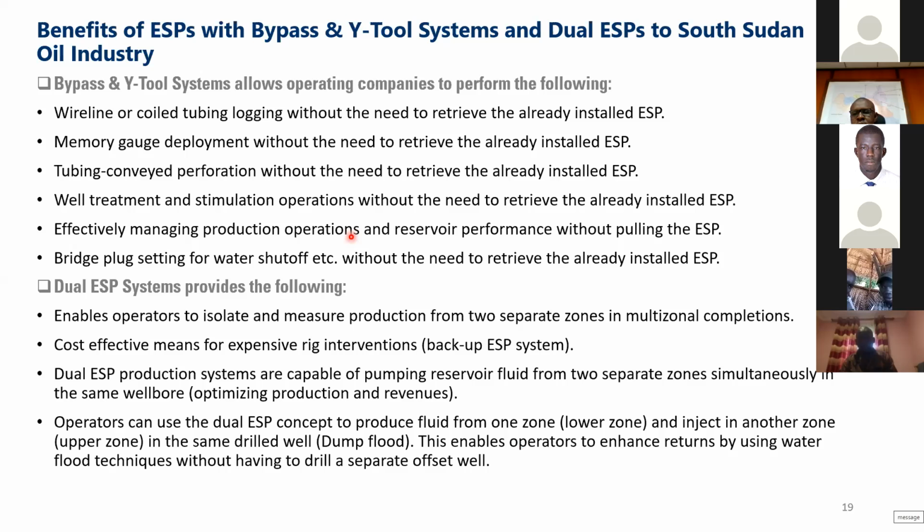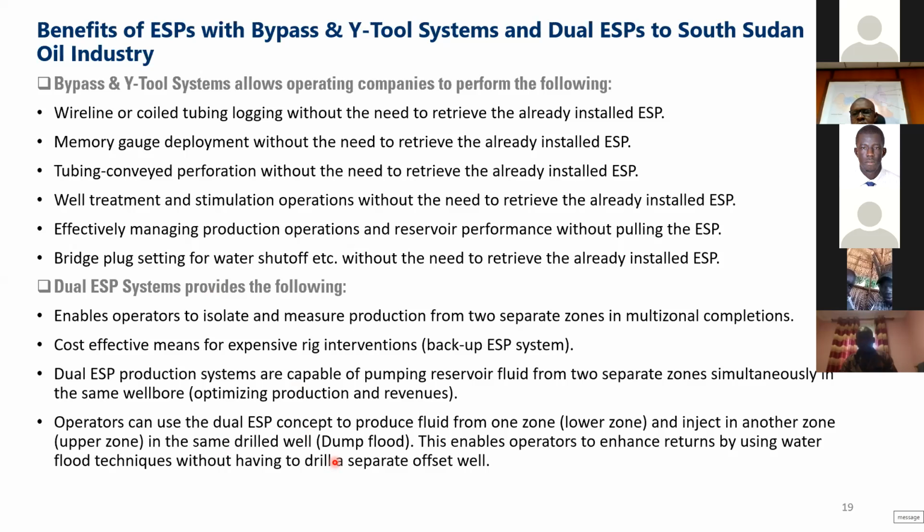You can do well treatment and stimulations, which can optimize your production and help the well perform better. You can effectively manage production operations and reservoir performance, all without the need to pull the ESP system.